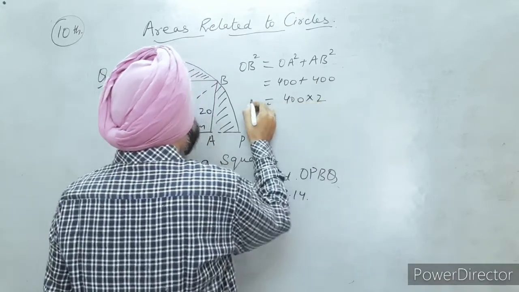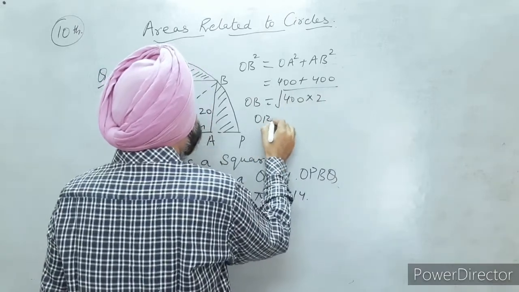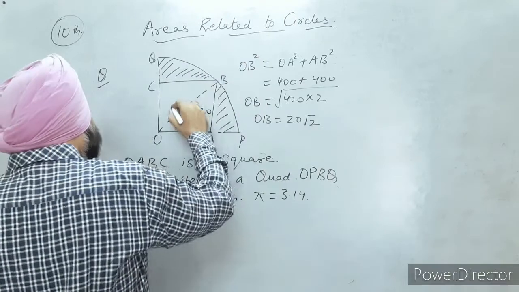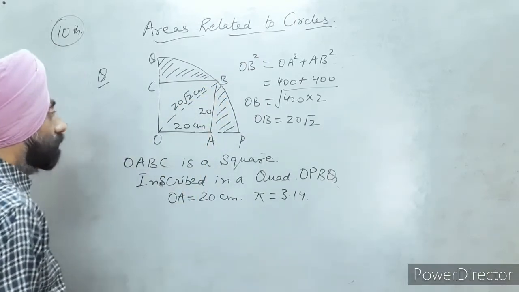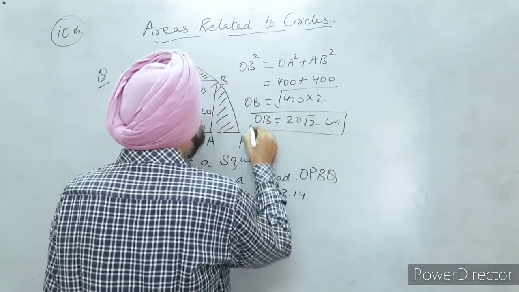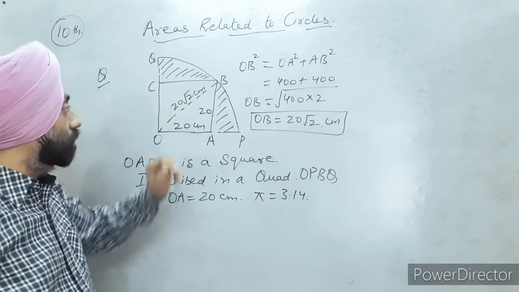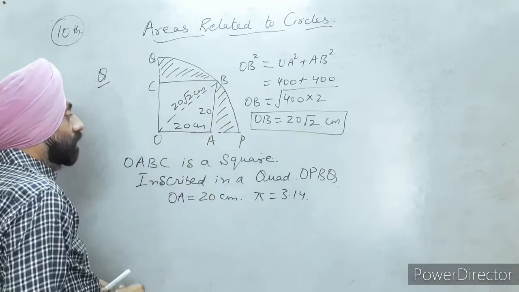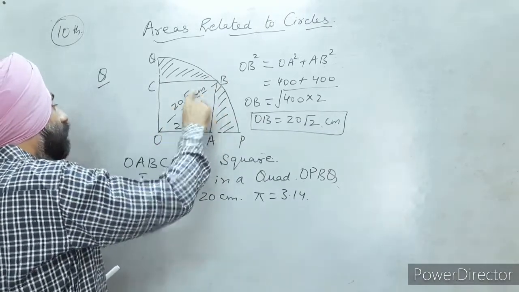So OB equals 20 under root of 2 centimeters. I have calculated OB by using Pythagoras theorem only so that I can get the radius of this quadrant. This means OB is 20 under root 2.